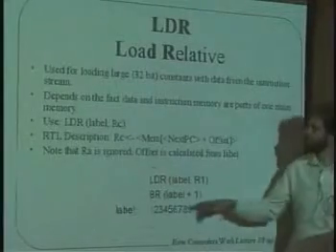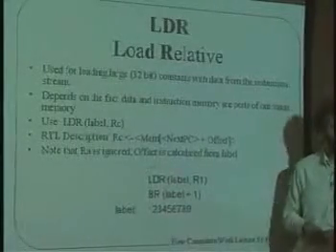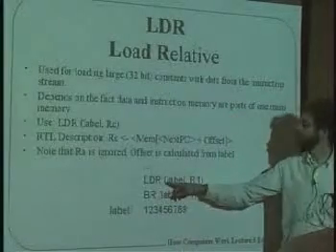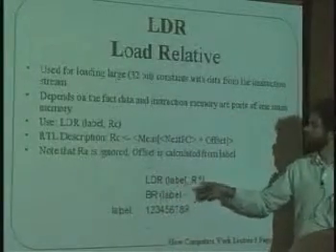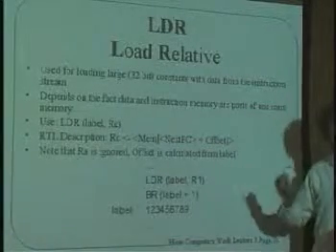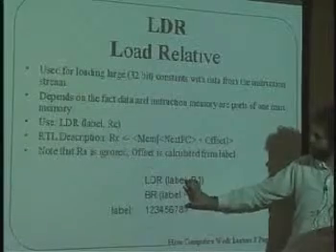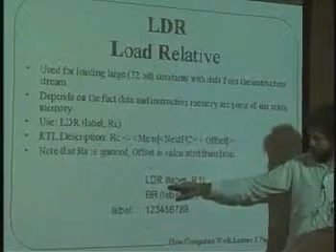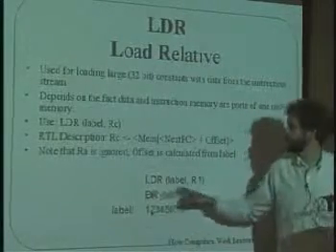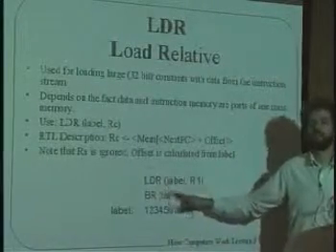What I'll say is, well, let's put the number right here, give it a name, and say load relative this label into R1. If you remember, the assembler will figure out the distance between this opcode and the label right there, and it will put that distance into the constant field here. Okay?